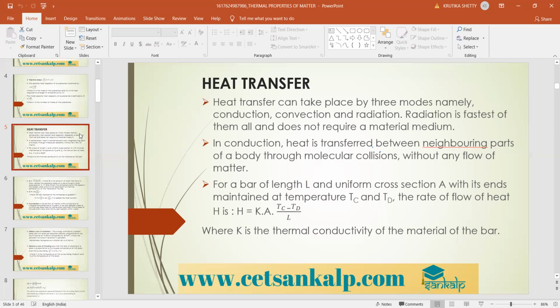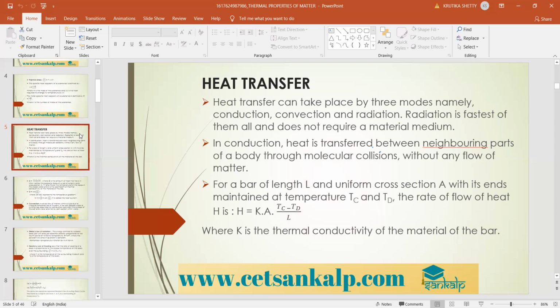Next, for a bar of length L and uniform cross section A with its ends maintained at temperatures Tc and Td, meaning we have a uniform rod at two different temperatures, Tc and Td, the rate of flow of heat is given by H = K A (Tc - Td) / L, where K is called the thermal conductivity of the material, A is the area of cross section, Tc and Td are the two different temperatures, and L is the length of the given rod.